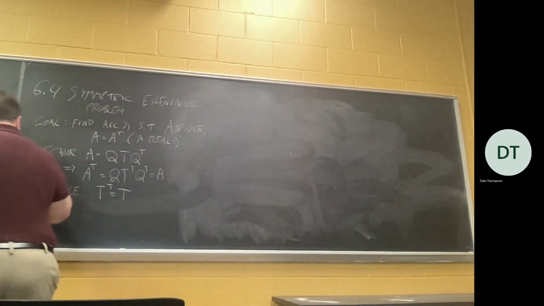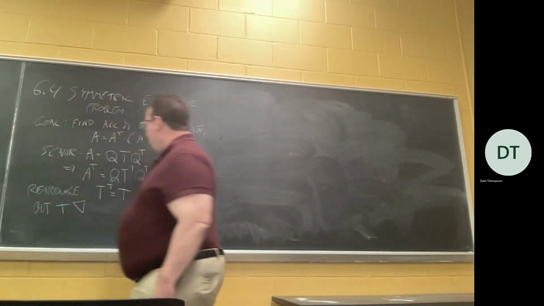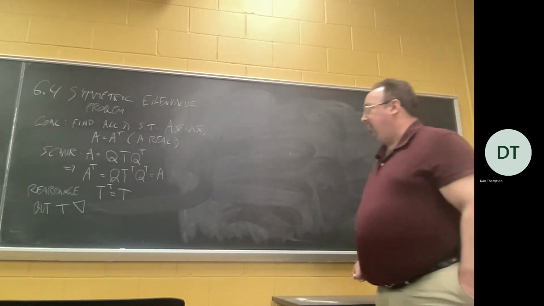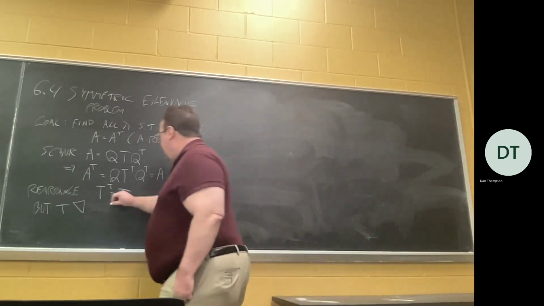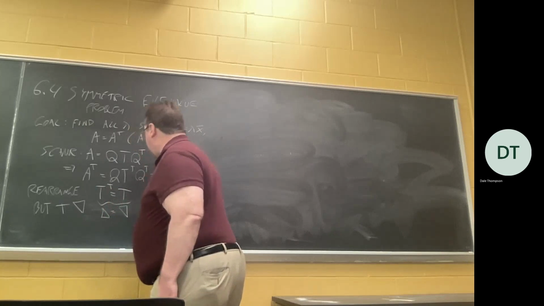But then T is upper triangular. And I'm saying that a transpose of an upper triangular matrix, which is lower triangular, this is saying lower triangular equals something that's upper triangular.